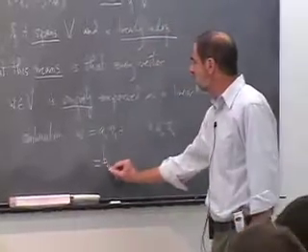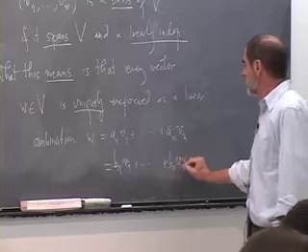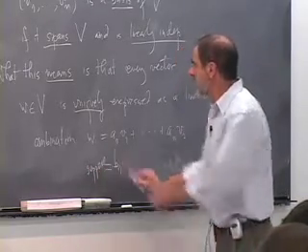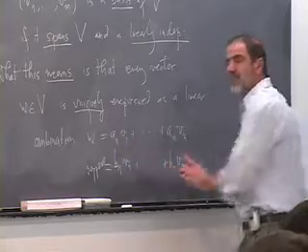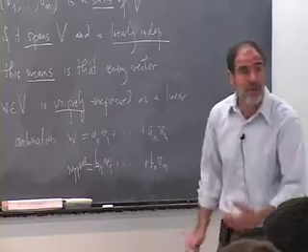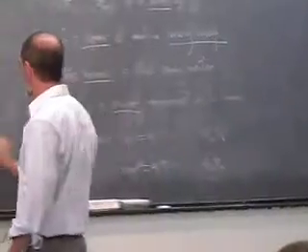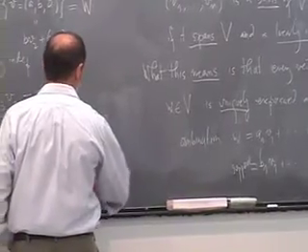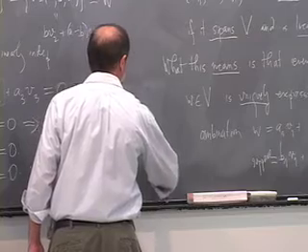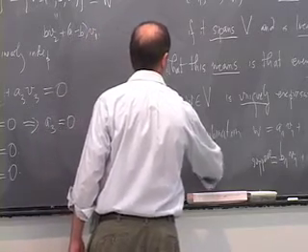Suppose it were written as b1 v1 + ... + bn vn, another way of writing it. And take this vector minus this vector. Okay, that's w minus w, so it's the 0 vector. On the other hand, it's then (a1 minus b1) times v1 + ... + (an minus bn) times vn.